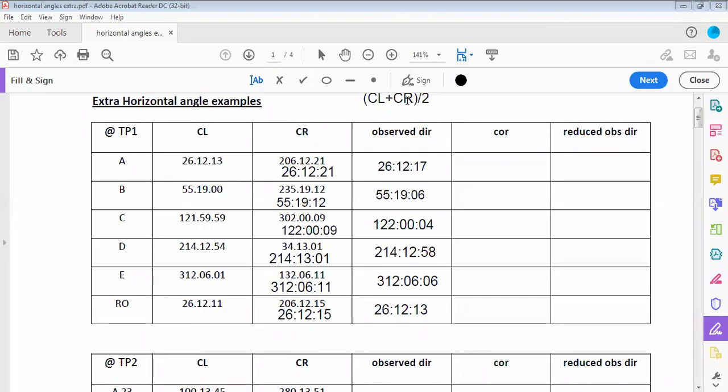So I see here you either add or subtract 180. Yes. So I wanted to know, is that always the case? Do you always add or subtract 180, or can it be a different value other than 180? Okay. So first of all, we're always going to start with your circle right. That's number one. Number two, you're either going to add 180 or subtract 180.